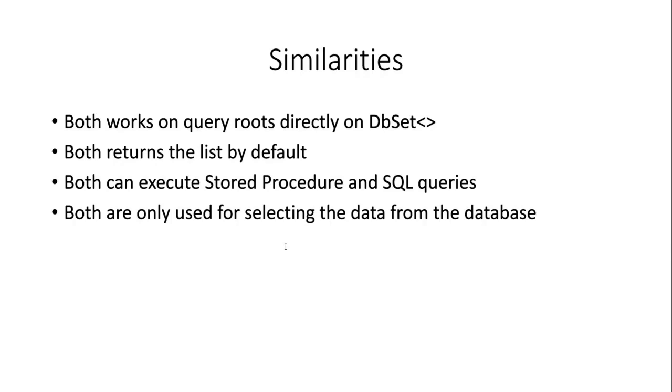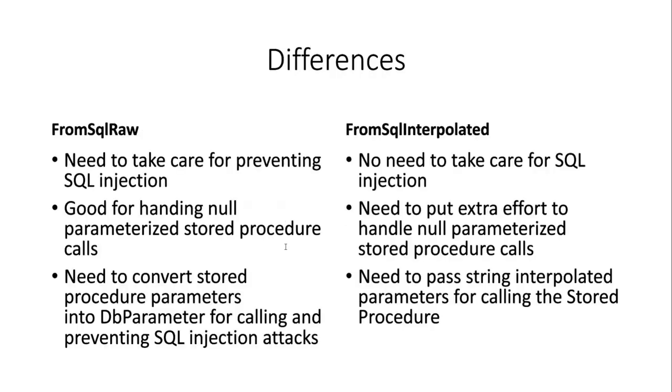So that's all in this video. I have left some more for you to explore. So please do explore more if you want to know more about FromSqlRaw and FromSqlInterpolated. As I have mentioned here in the different section, you can see the third thing: FromSqlRaw needs to convert the parameters.